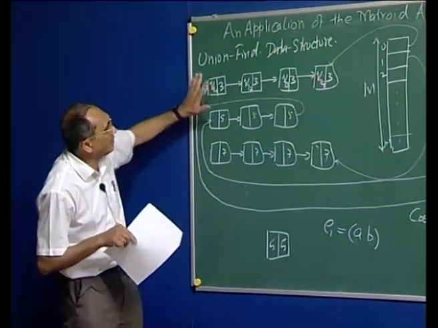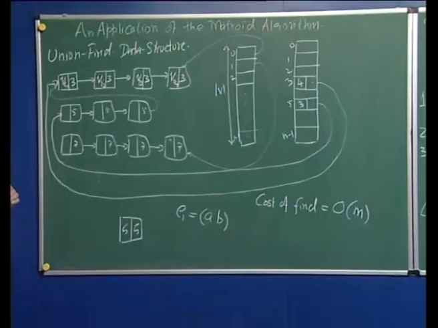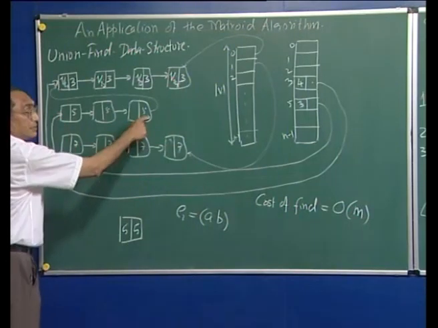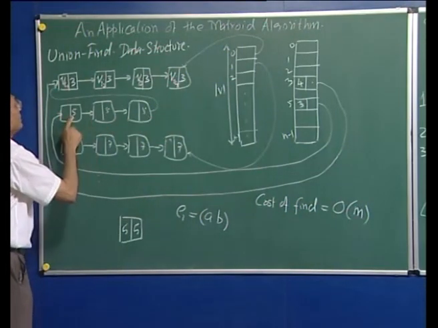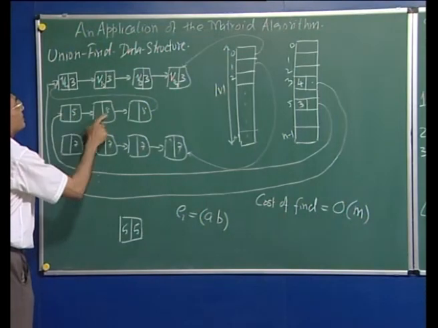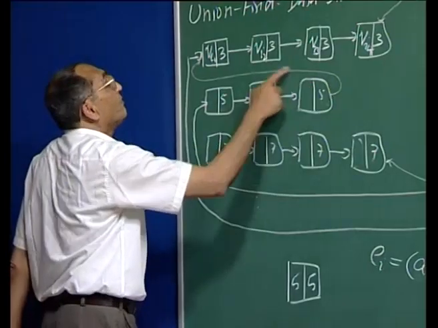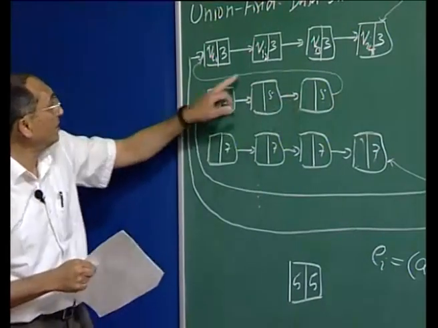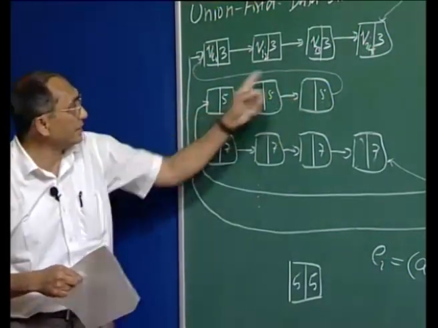The way we go about it is as follows. Notice that the total cost of union is the total number of relabelings we perform. The reason is, when we perform a union, we walk along the list changing the label as well, and then finally we incur one unit cost of forming this additional link.